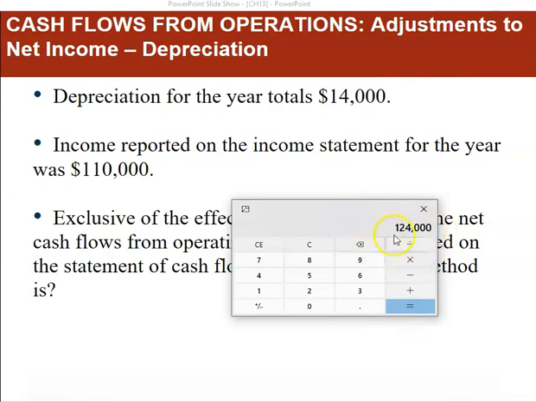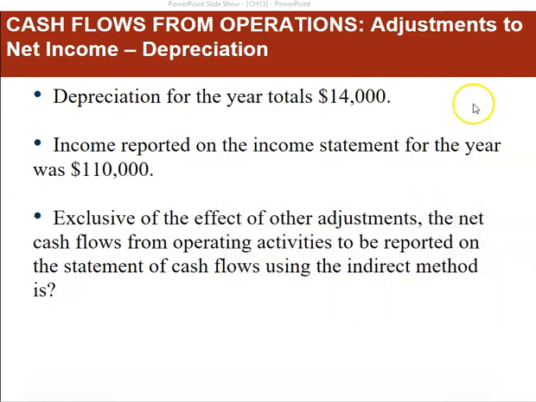So exclusive of anything else, we would have $124,000 in cash. Point being, depreciation is a positive addition to net income in the reconciling of cash process.